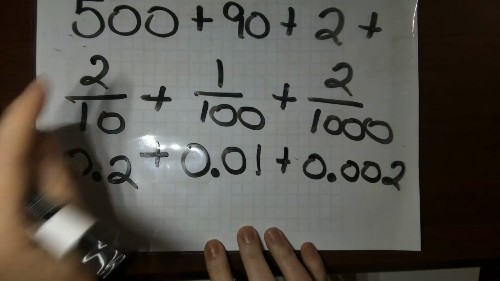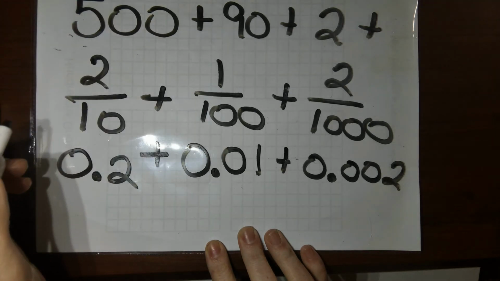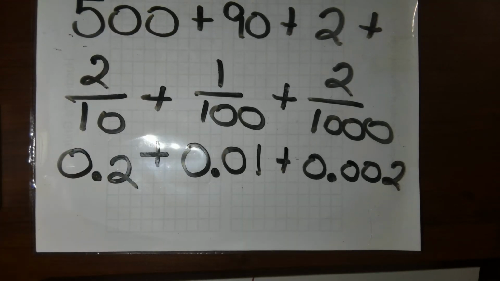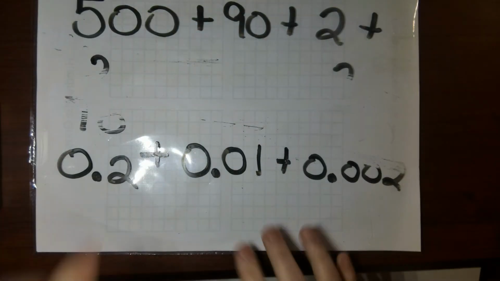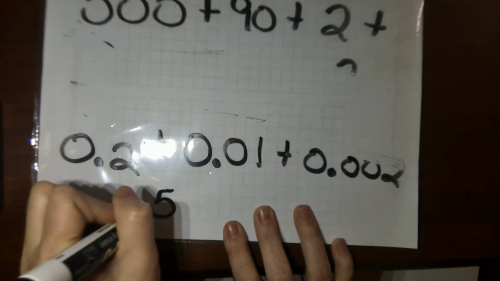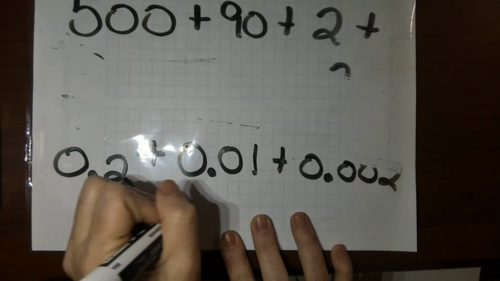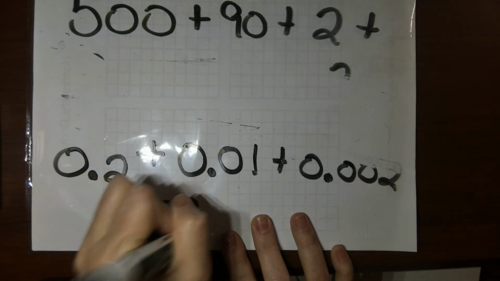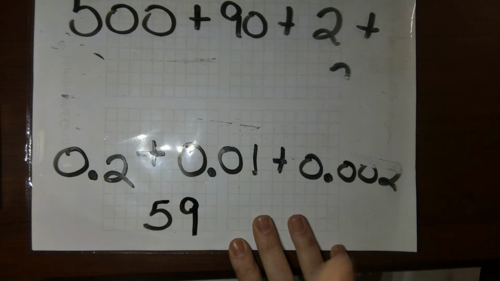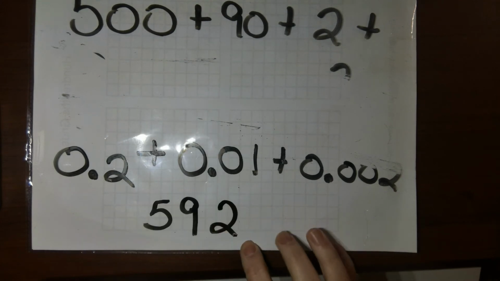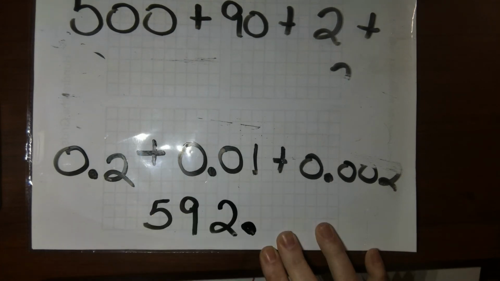So 500, my 5 is, so let's erase the fraction part so it's not as confusing. So 500, 5 is in the hundreds place. 90, so 9 is in the tens place. Good job. 2 is by itself, so it's in the ones. Decimal goes on the right side of the ones place.